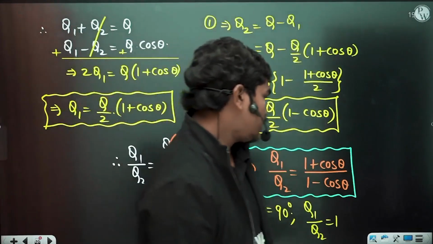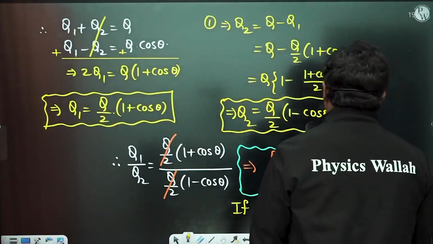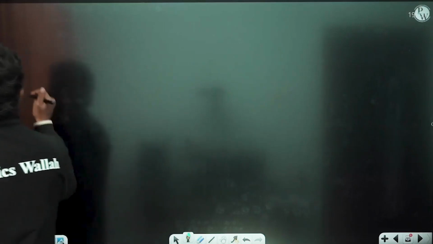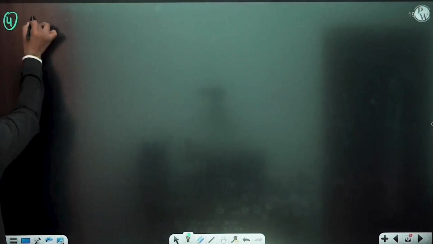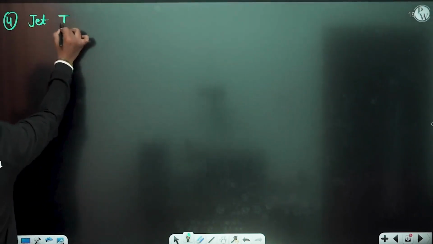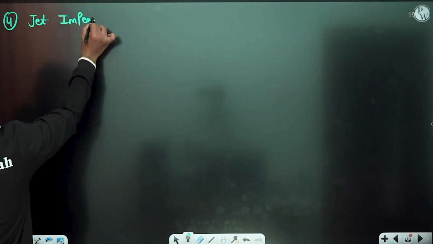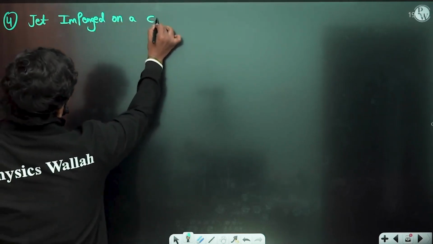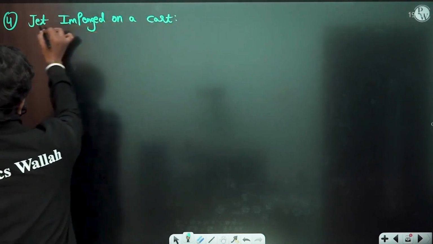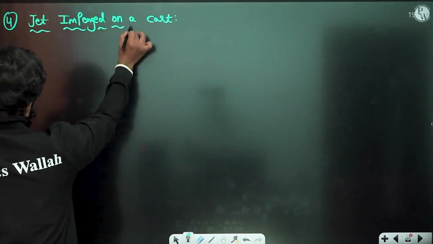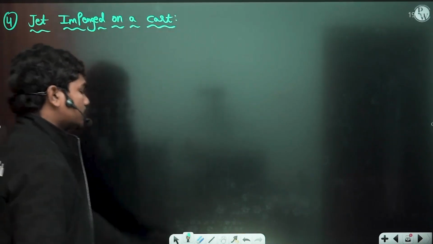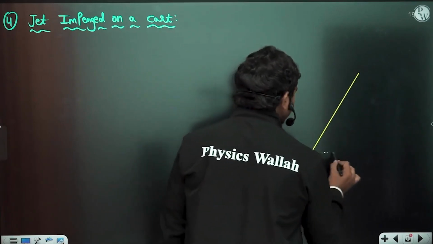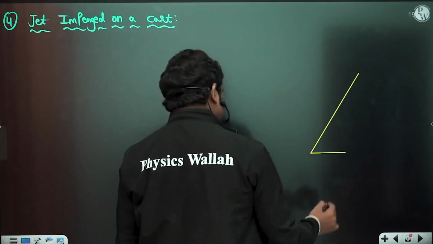Okay, now let us see a jet impinged on a cart, for example. So let us suppose you have an inclined plane, which is making some angle theta with the x-axis.